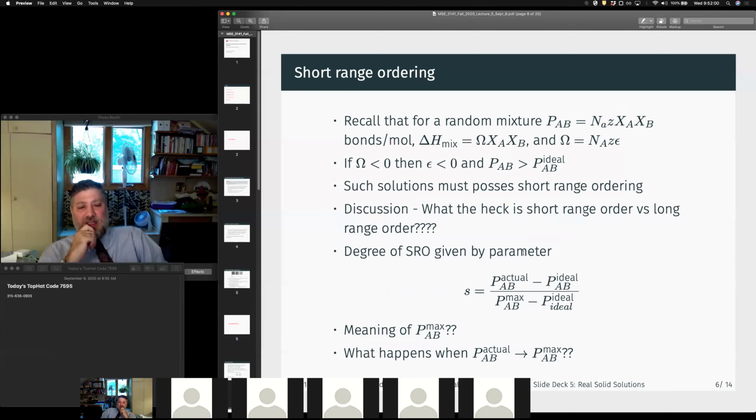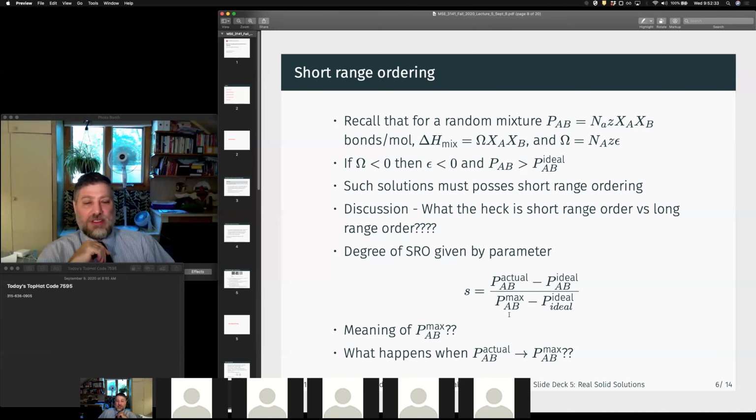And we can quantify that with this parameter. This is just a fraction of how many different bonds we have. So this P_AB max is if we had a perfectly ordered system with long range order, the most number of different bonds that we can fit in.